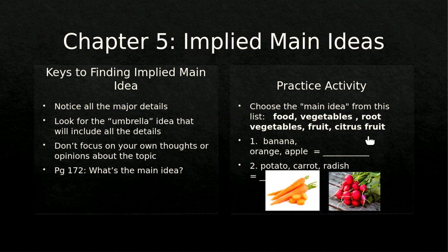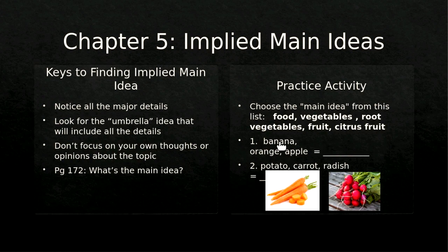We have to go a little bit more general. So you are correct the first time. We need to choose fruit. So I know this is a very simple example, and I like to use food because we're all familiar with food. But remember this when you're doing your paragraphs and you're doing your quiz, okay?